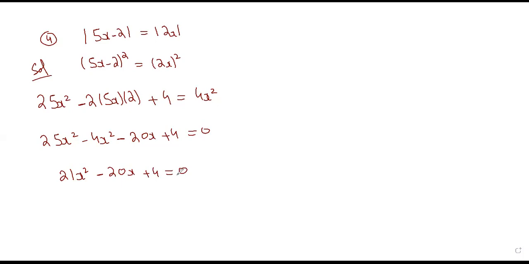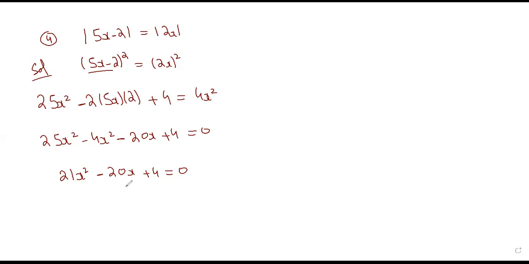All right, so in the beginning, we had a modulus equation and we have converted it to a quadratic one. So this would give you 5x squared, it would be 25x² − 2 into 5x into 2, and 10 multiplied by 2 is 20. And 25 − 4 is 21, −20, +4.